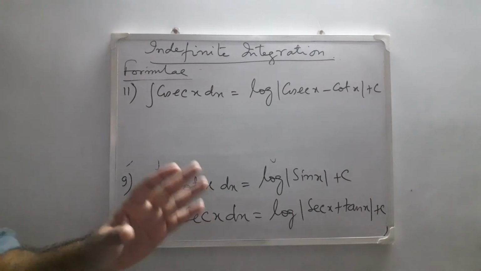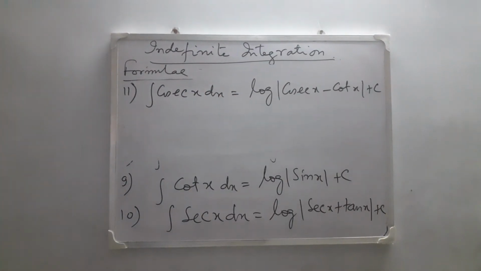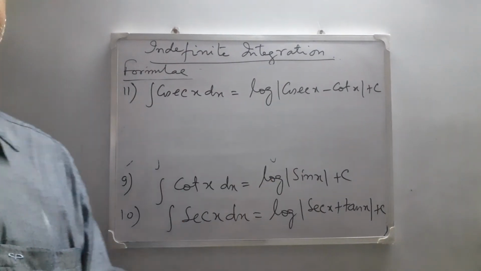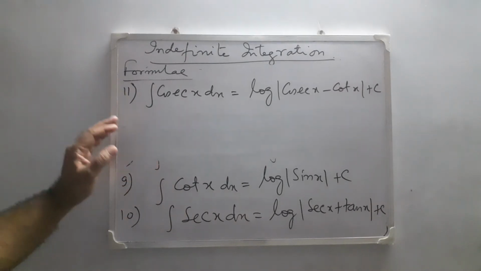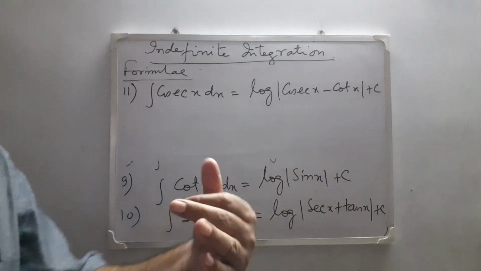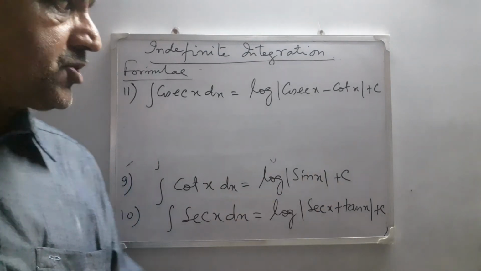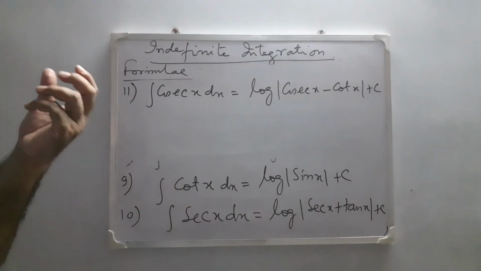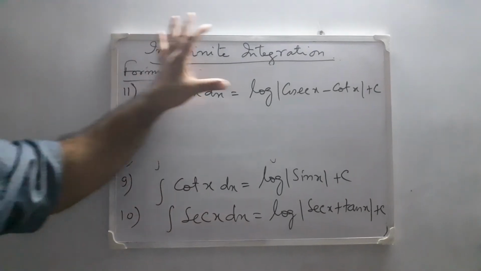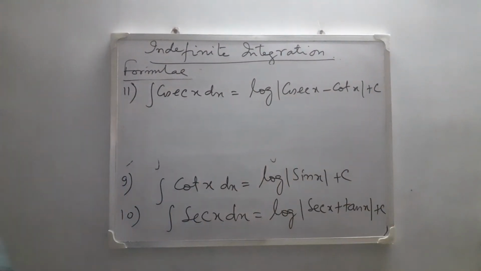But remember all these formulae for solving your problems quickly. If you apply these formulae in several problems, and if you learn them as early as possible, you will have mastery over this indefinite integration very easily.